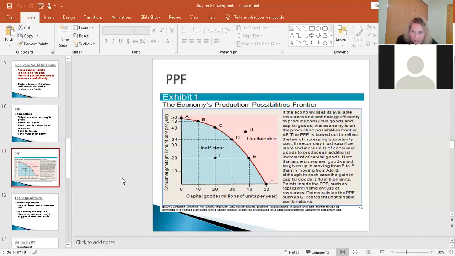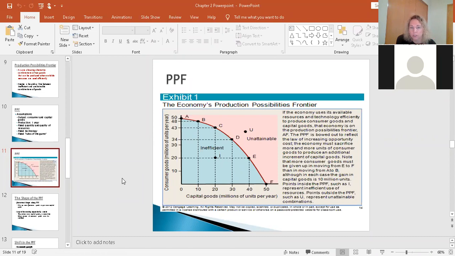That this happens, what this all means is that there are economies with resource supplies that are better suited to make one type of good over another. So some economies' pool of resources might actually be better suited to making consumer goods and not to making capital goods. So as we begin to convert our production from one to the other, what we find is that the resource pool that we have actually is better suited to making one or the other.